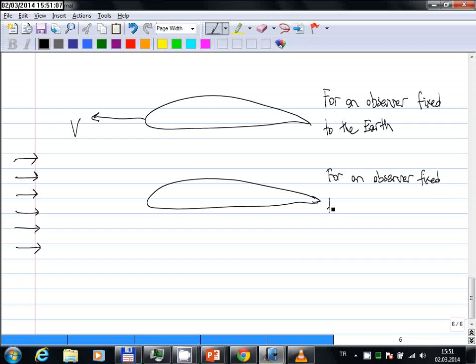Obviously this V should be the same V as before. This is the speed of the aircraft, and an observer fixed to the airplane will see the air coming to him at the same speed.